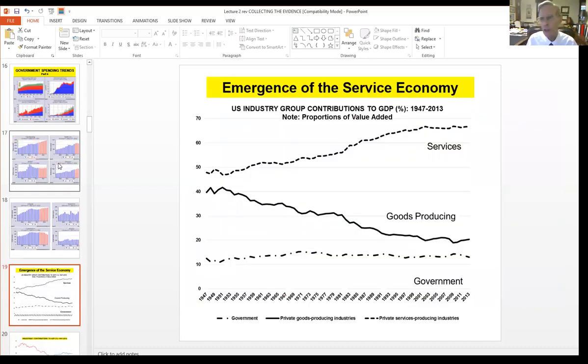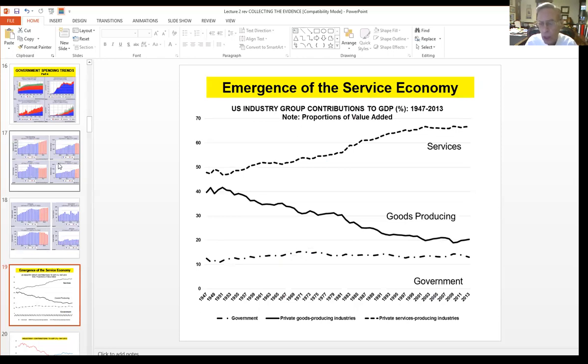Now I want to change the subject and just introduce to you a concept that may help you get some perspective when you're looking at multiple countries' economies. Let's start with the US economy first. And here we see a trend in categories of industries, so-called sectors, okay?